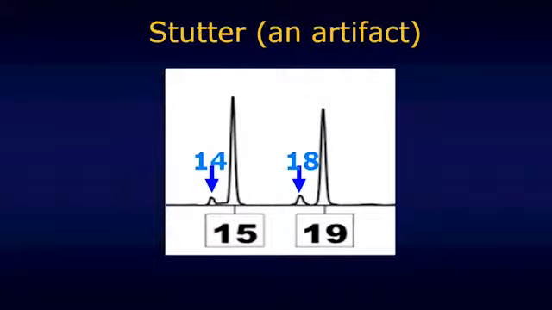We appreciate that during the course of PCR amplification that goes on to generate these DNA profiles, the DNA polymerase that's doing the job of PCR amplification sometimes has a little bit of a hiccup. It slips a little bit forward, sometimes it slips a little bit backward as it's making copies of the regions that are being looked at for these DNA profiling tests.